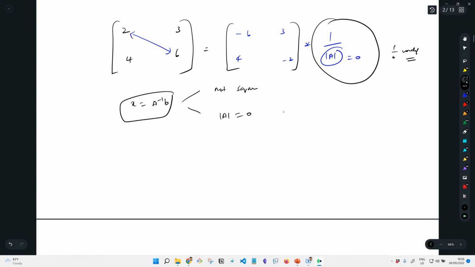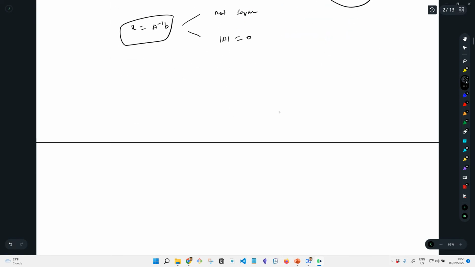Now there is one other strong reason why we don't use x equal to A inverse B. Let's say A is a huge square matrix, n cross n, and let's say n equals some 100. Now take it from me that to date there is no efficient algorithm to find the inverse of a matrix when n is greater than or equal to 5.